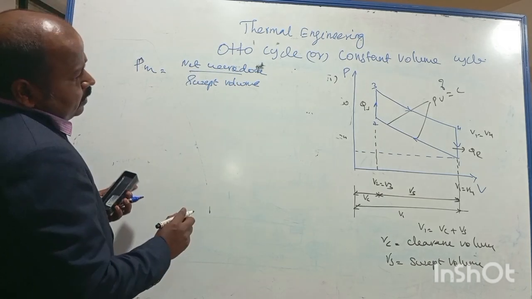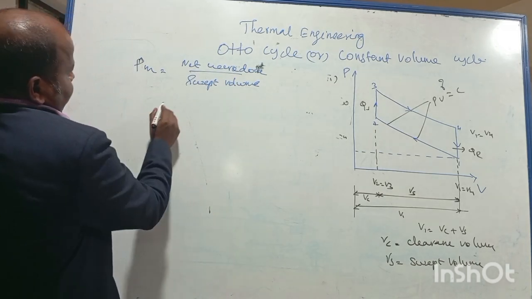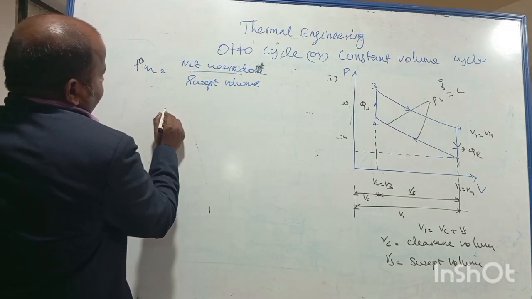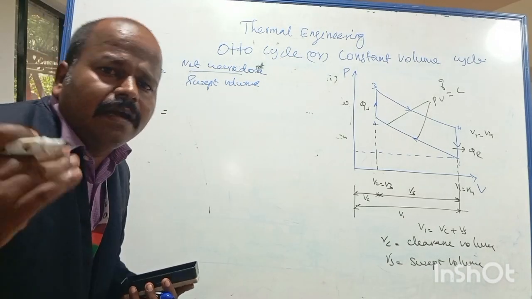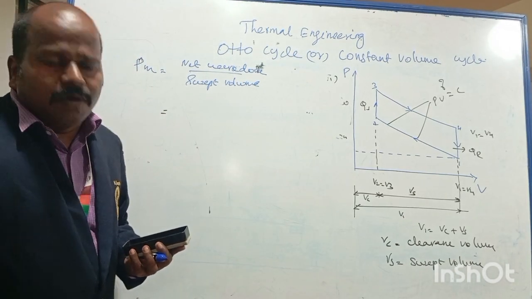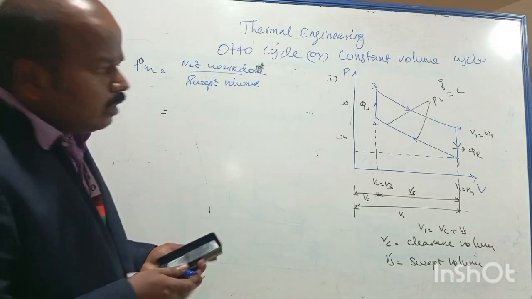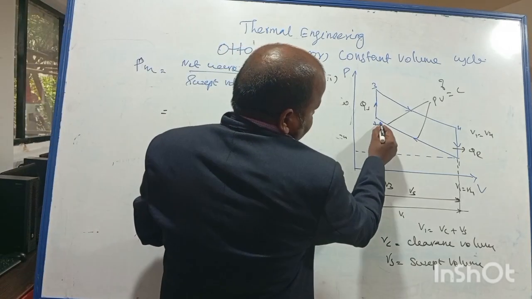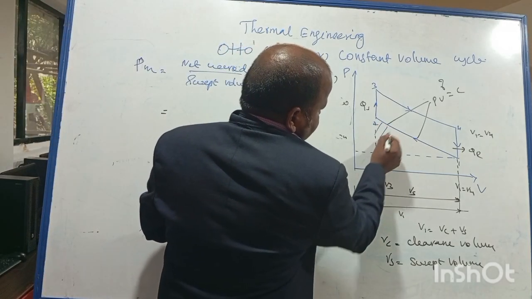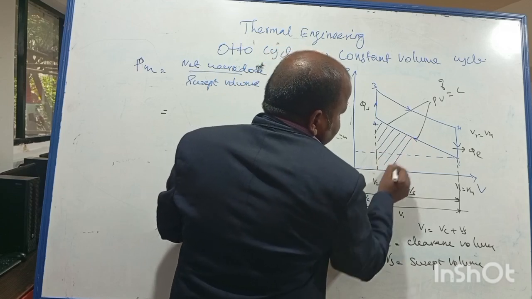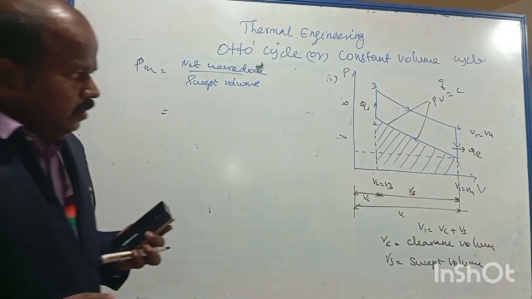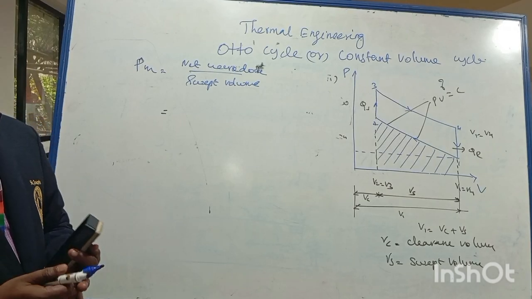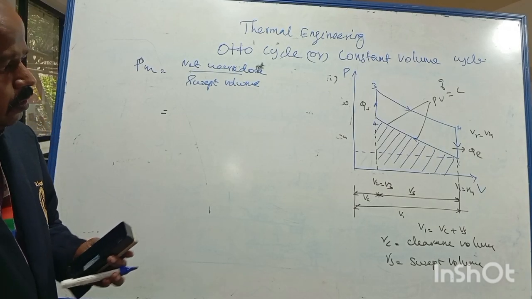Now what is net work done? Normally net work done is the area under the curve, which we call the work done. If you look at this PV diagram, this is the work given to the system during the compression stroke.